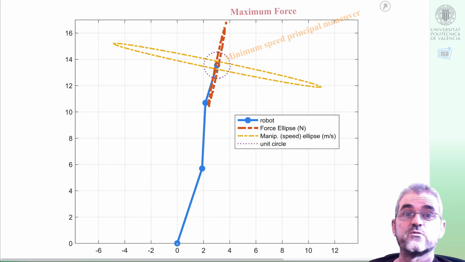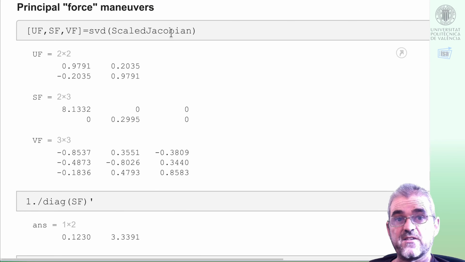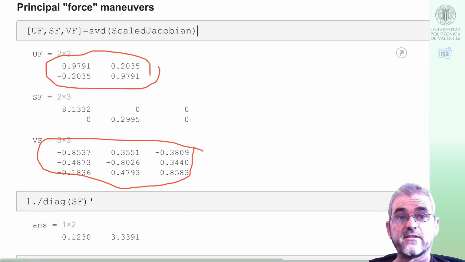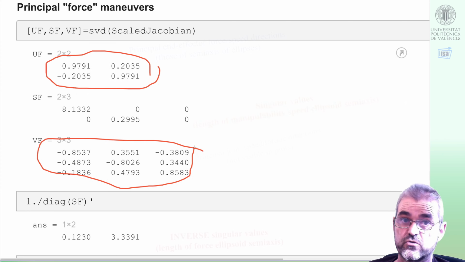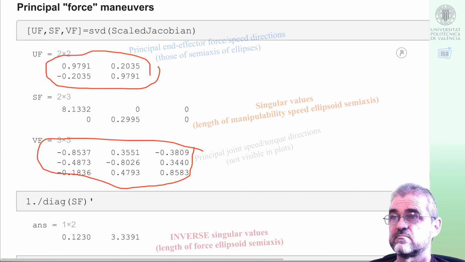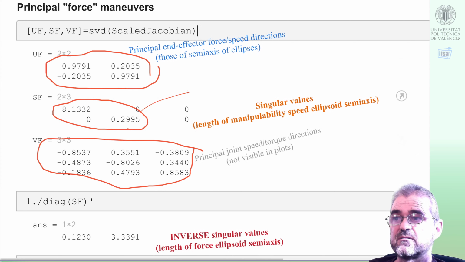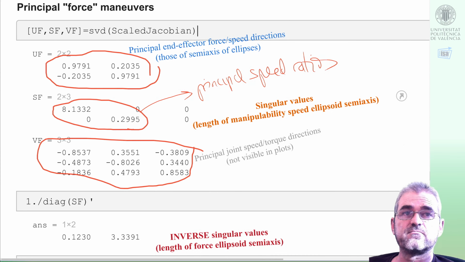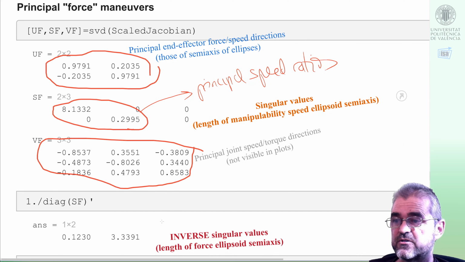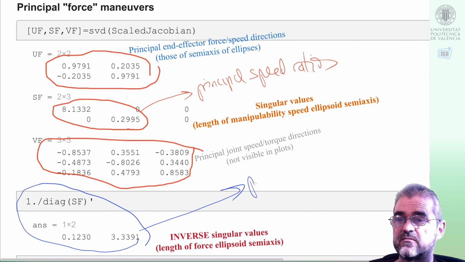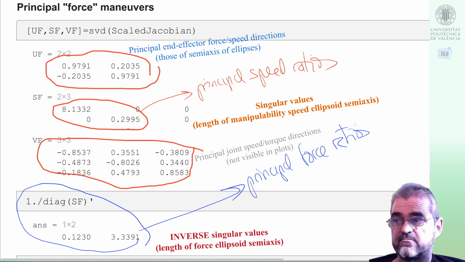And if we delve into the details, the SVD of the Jacobian has these principal directions in the end effector space, these principal directions in the joint torque or joint speed space, and then if the Jacobian has these principal speed ratios, then the inverse in here will be the principal force radius.